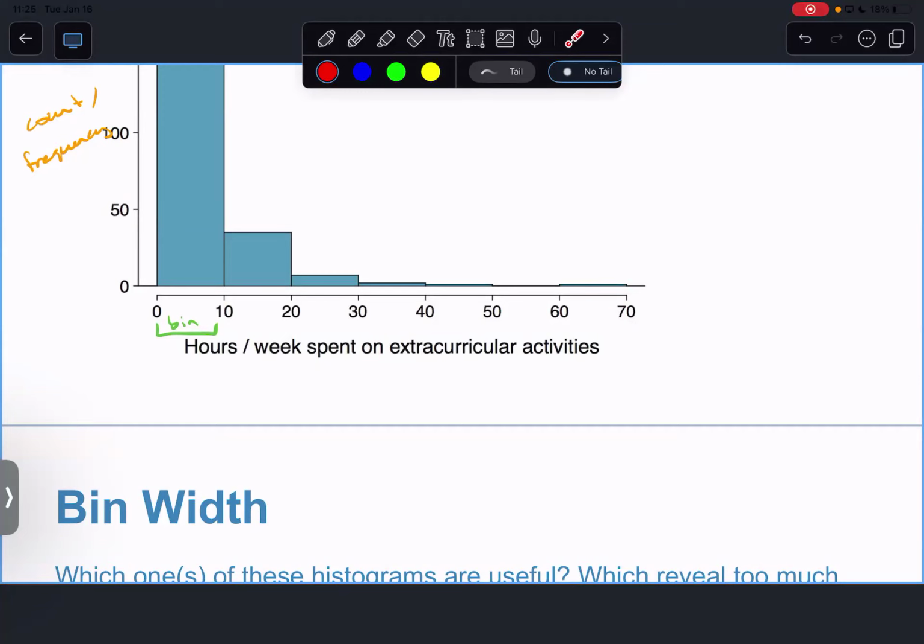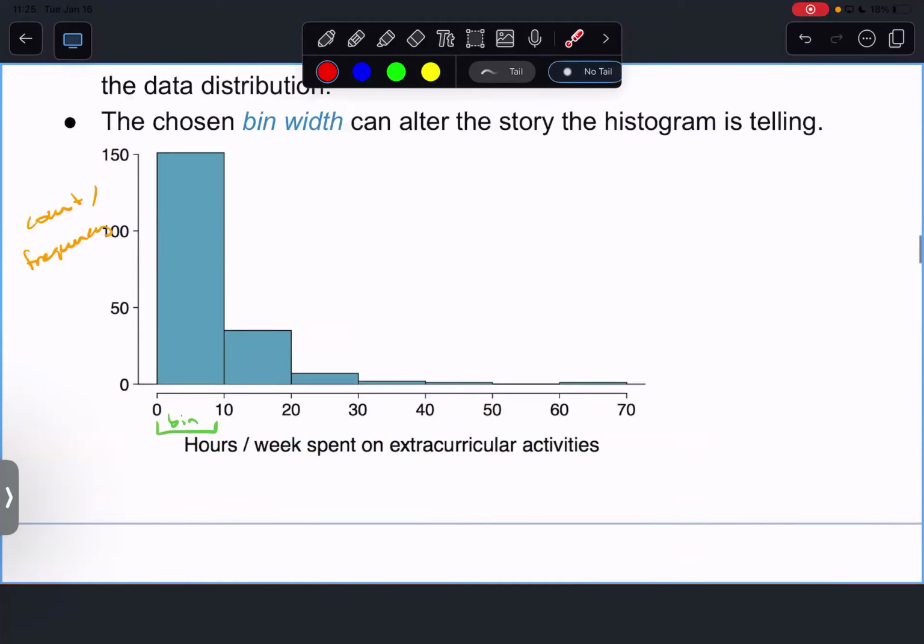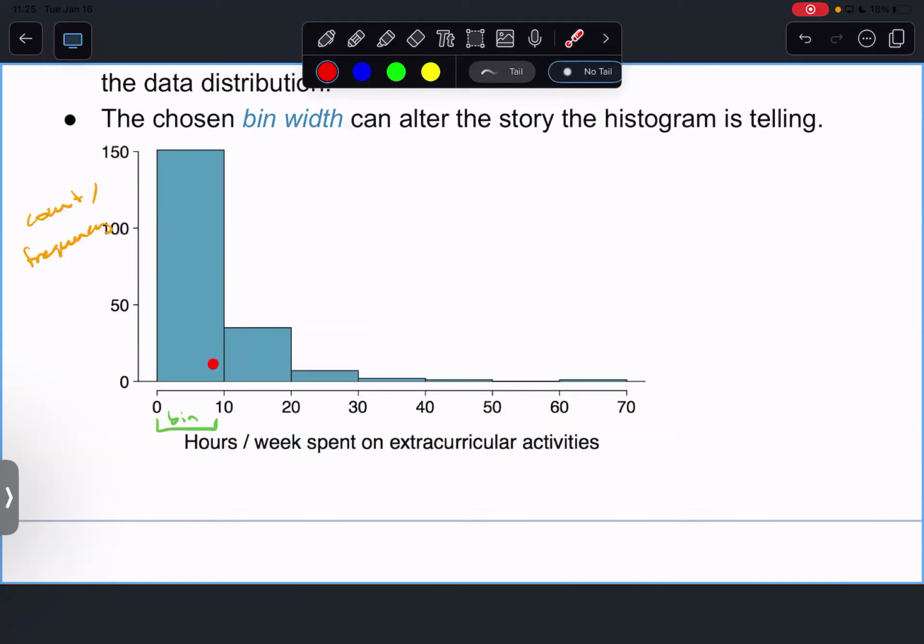But most of the people in our data set, presumably, are somewhere between 10, 20, 30, really tapering off quickly.